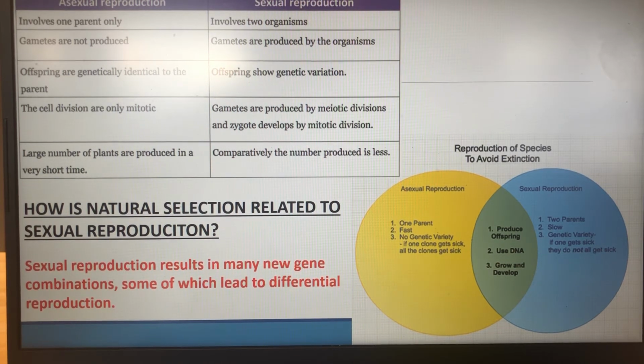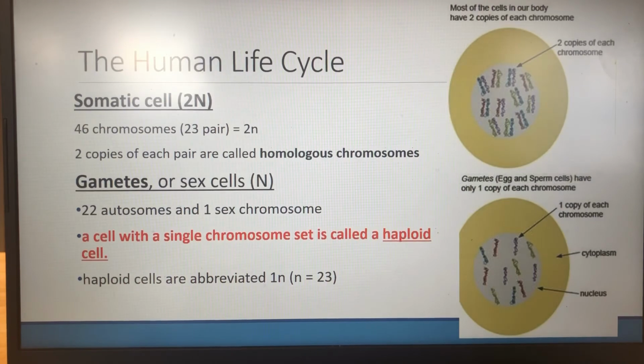So the ability to sexually reproduce allows new gene combinations to come about, and that could give one individual or a few individuals an advantage over the rest of the population. So that's why natural selection is related to sexual reproduction. And again, that's in red and bold, so you can probably guarantee you're going to see that again on a test. All right, we're going to move on.